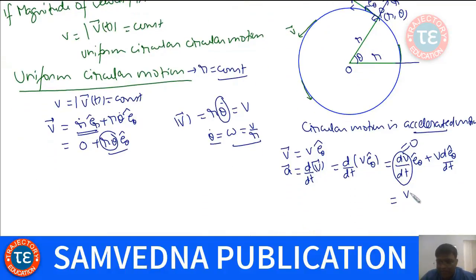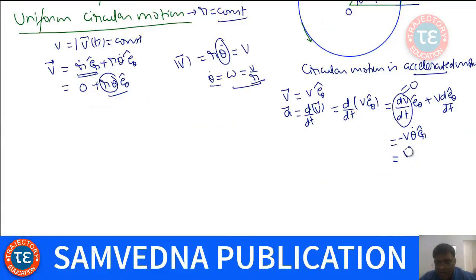So this will be v times minus theta dot e r. Theta dot is v by r, so we can write minus v square by r e r, or v can be written as r theta dot, or in this case omega, so you can write minus r omega square e r.